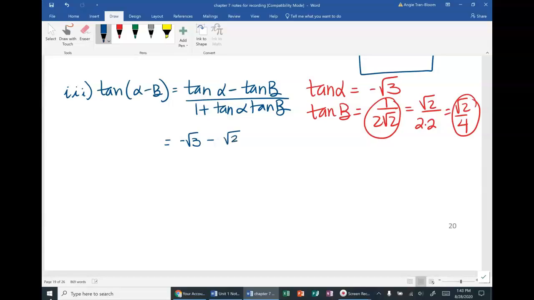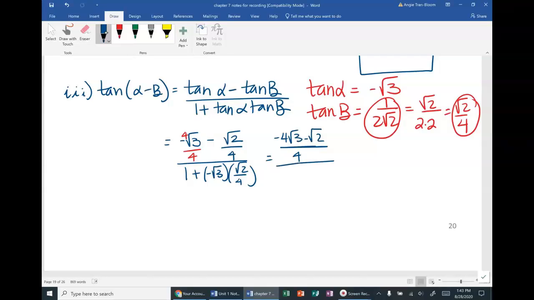So square root of 2 over 4 all over 1 plus negative square root of 3 times square root of 2 over 4. Common denominator for this little guy is 4, so now that's really negative 4 rad 3. The denominator is still 4, so this is negative 4 radical 3 minus rad 2. Now notice how I did not combine the radicals because they are not exactly the same.